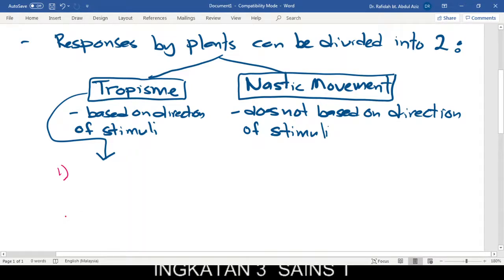Number one, based on the type of stimuli, we call it phototropism.